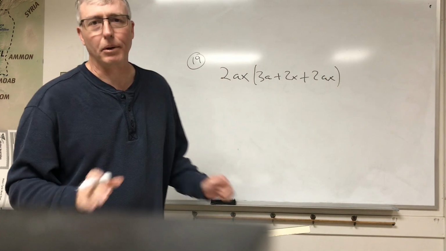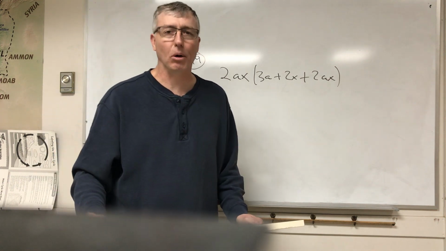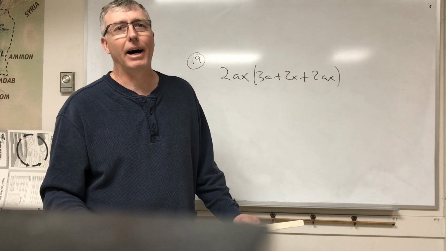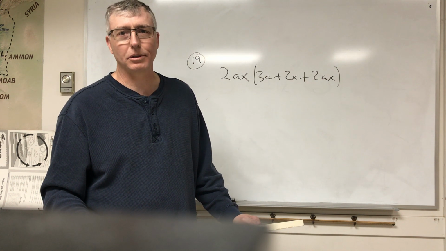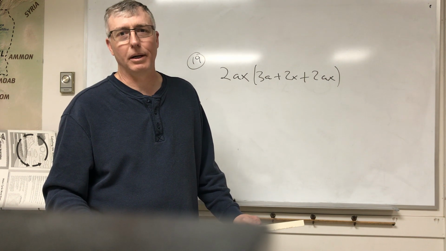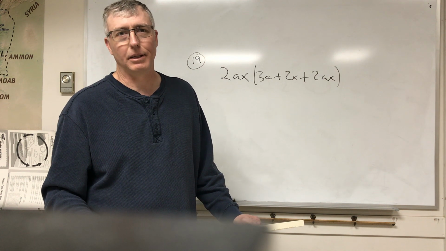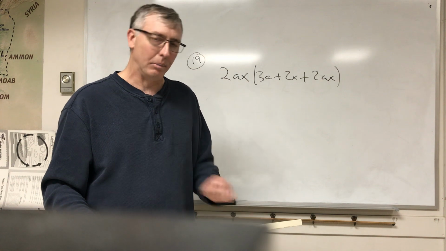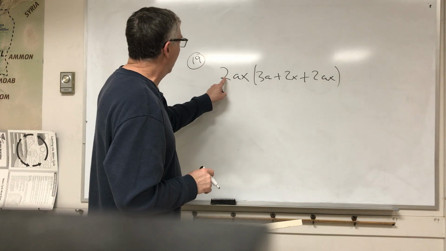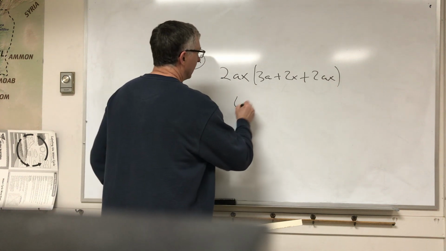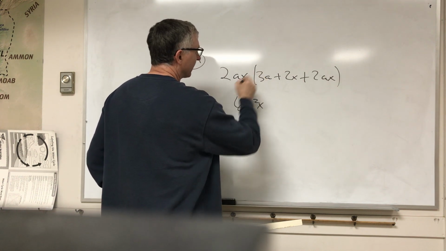Now remember that the rules change. If I'm multiplying, then I multiply the numbers that are in the terms as well as the letters. That's different than the previous type of problem. So 2 times 3 is 6. A times a is a squared, and then x.